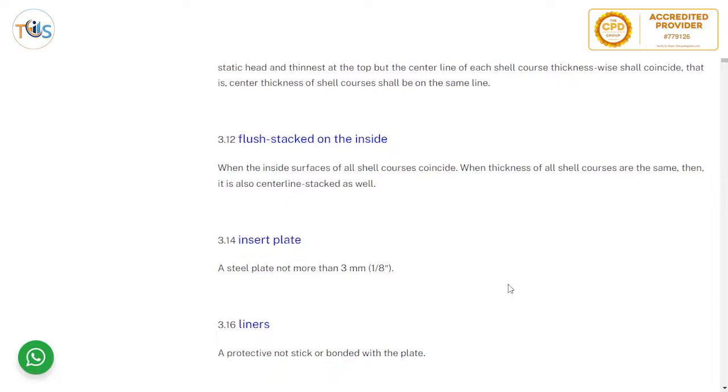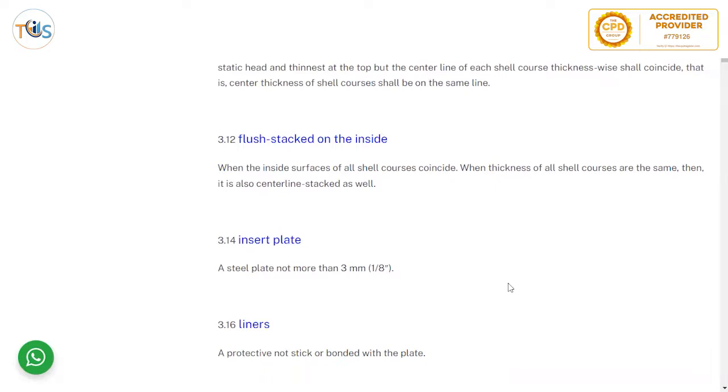But the center line of each shell course thickness wise shall coincide. That is, center thickness of shell courses shall be on the same line. Flush stacked on the inside is when the inside surfaces of the shell courses coincide. When thickness of all shell courses are same, then it is also center stacked as well.